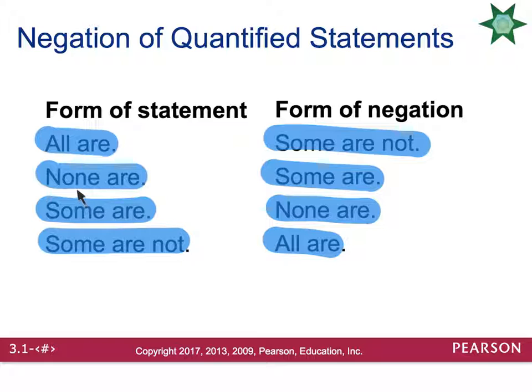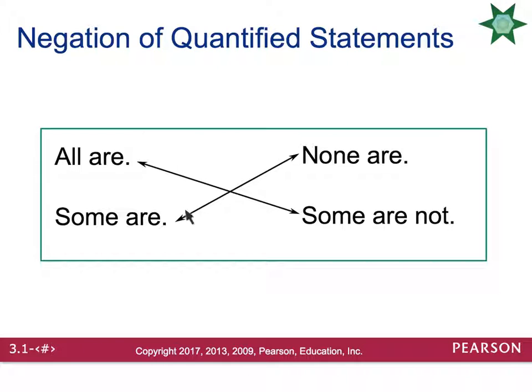So notice that we go from all to some, from none to some, from some to none, or from some to all. So we kind of have this negation of quantified statements. All are goes to some are not. That's a negation. And some are goes to none are. So we can kind of think about how they cross over like that.